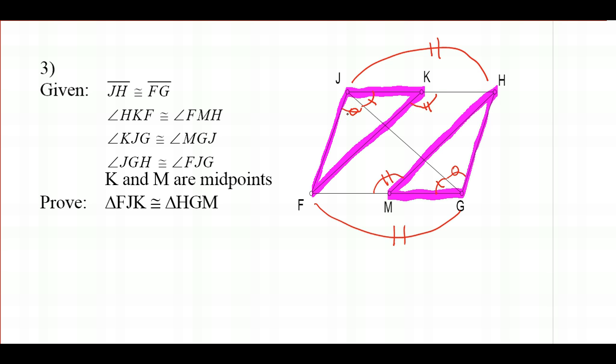And we know that K and M are also midpoints. Okay, so keep in mind that this is actually midpoint used 2 times. So possibly multiplication or division.